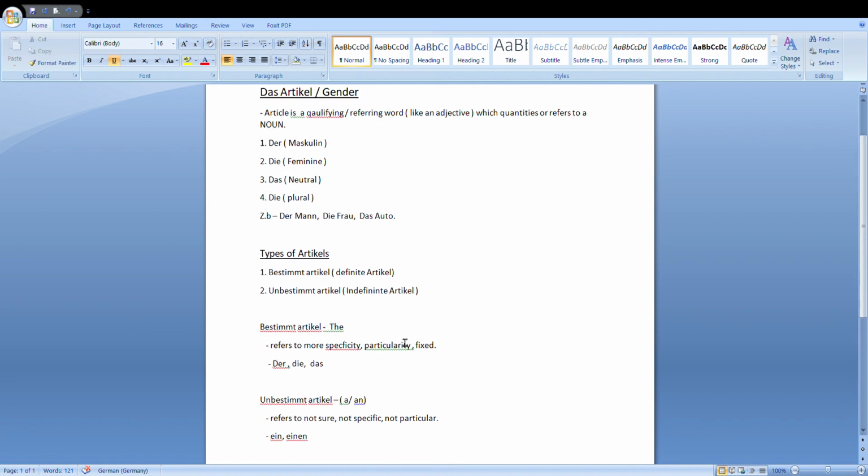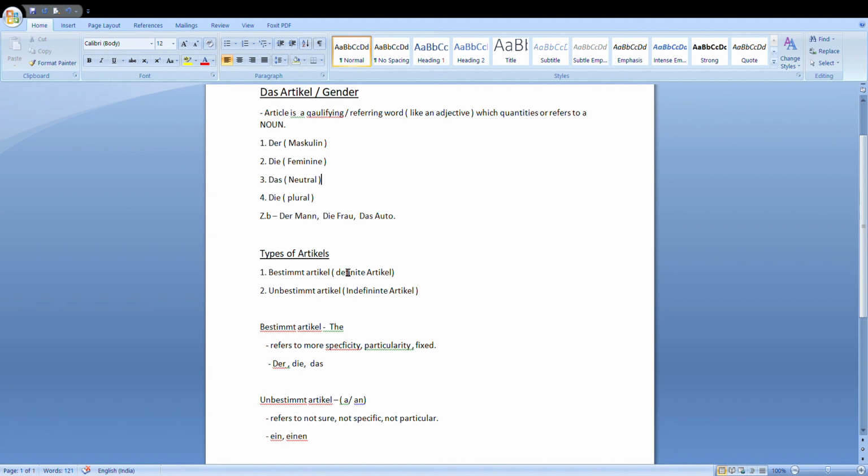So let's revise once again. What is an article? An article is a qualifying word which refers to a noun and tells us more about the noun. These come in four types: the masculine, the feminine, the neutral, and the plural.